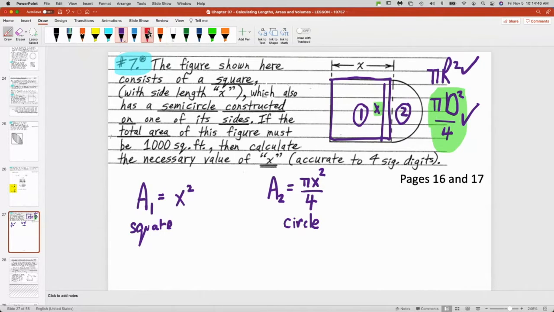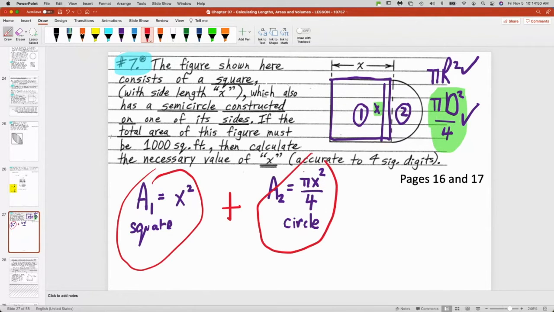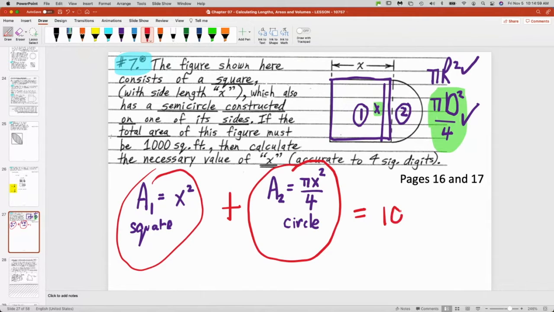And I know that if I take this area here and I add this area here, the square and the circle, that I get 1,000. So there you have it. We have a visual setup for what the formula should be.